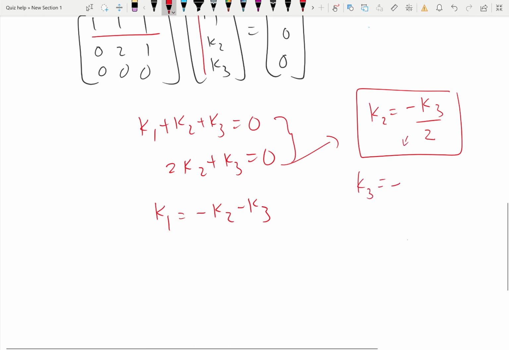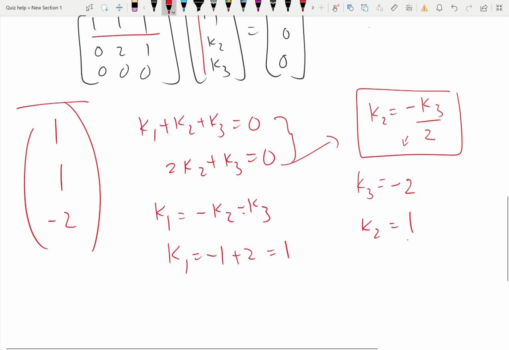I would choose -2, right? If k3 is -2, k2 becomes 1. Then k2 is 1, means here -1, here plus 2 because of this negative. So k1 is also 1. So our eigenvector is 1 1 -2. That's the eigenvector related with the eigenvalue 0.